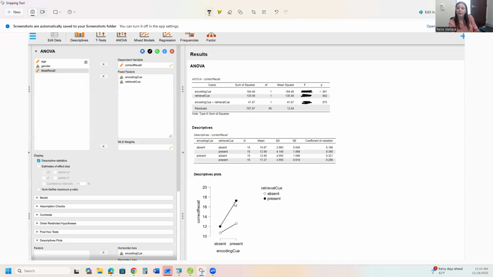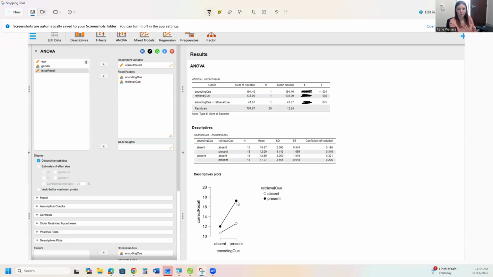And then down here, here's my encoding cue. So absent encoding cue, present encoding cue, absent retrieval cue, present retrieval cue. Here's my correct recall, so we're seeing how many words the participants got correctly. Participants got the most words correctly when retrieval cue was present and encoding cue was present. That makes sense, right?